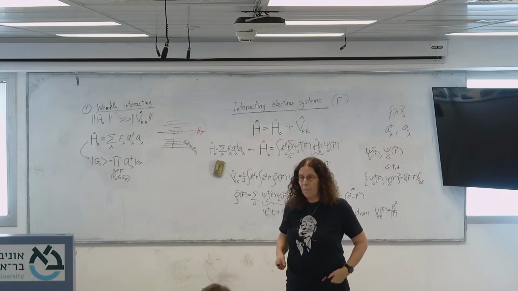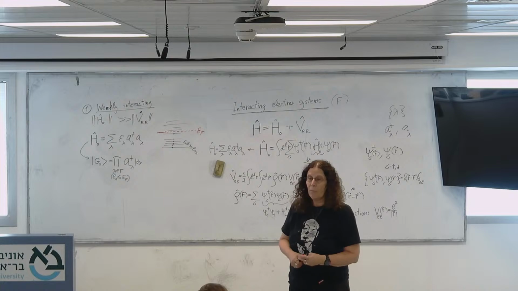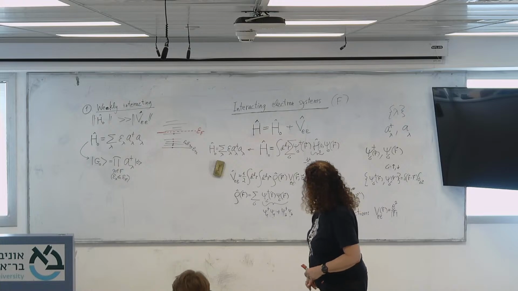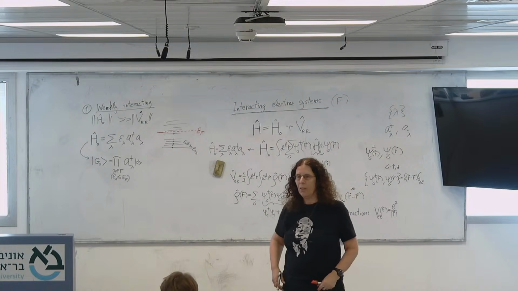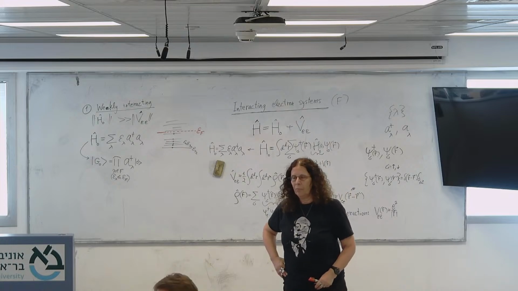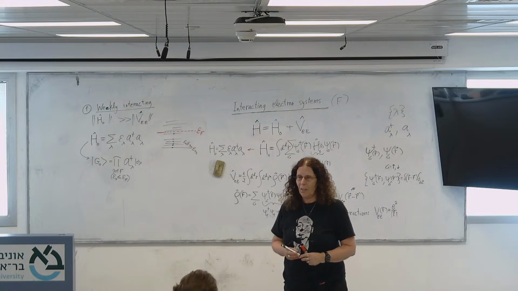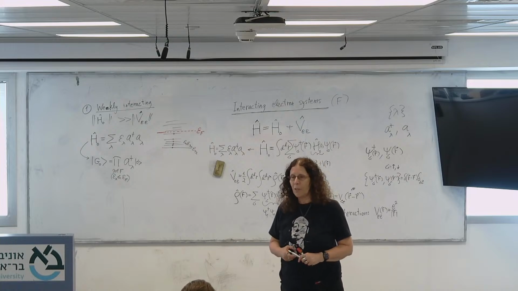Will you have a system with more than one ground state? No. There is a single ground state. It's a many-body ground state. It's not the ground state of a single particle.